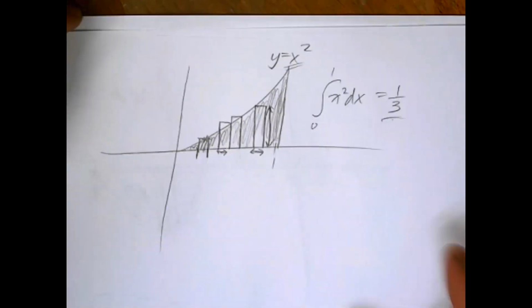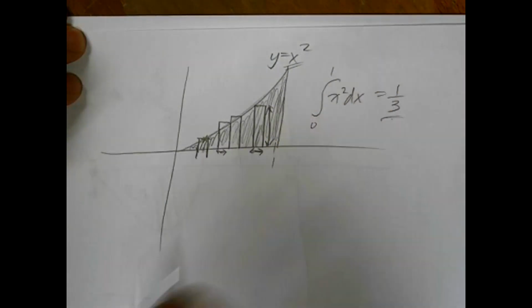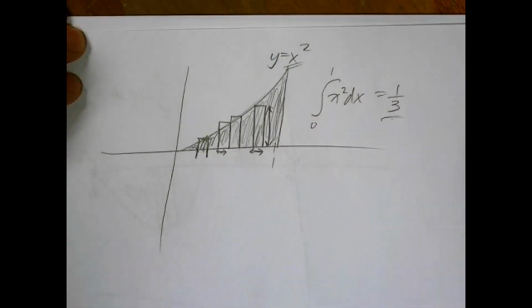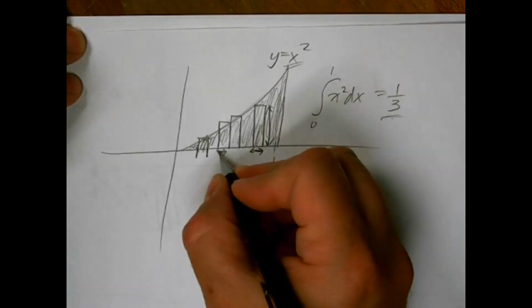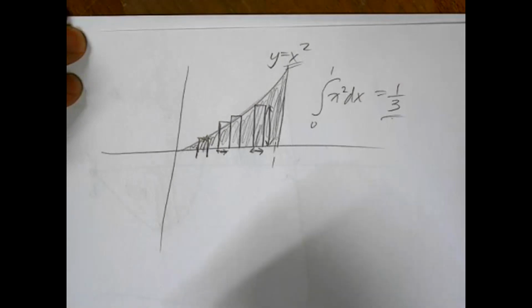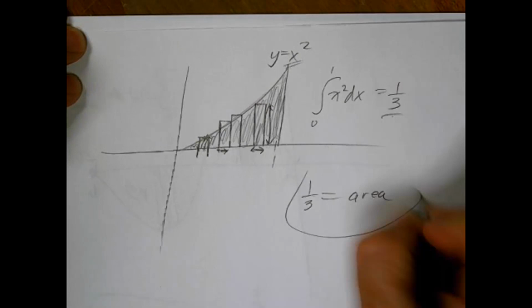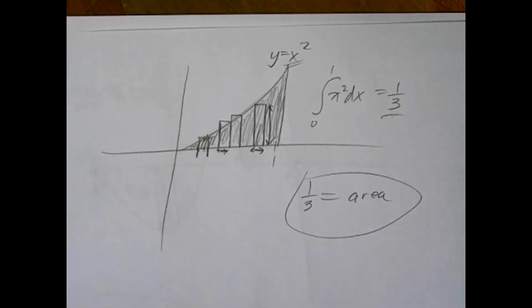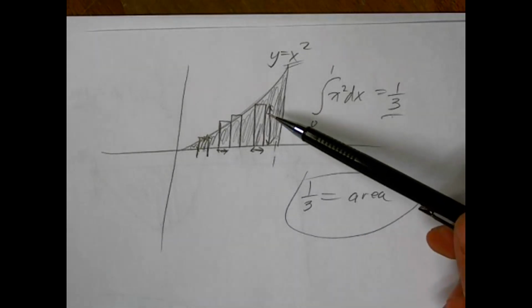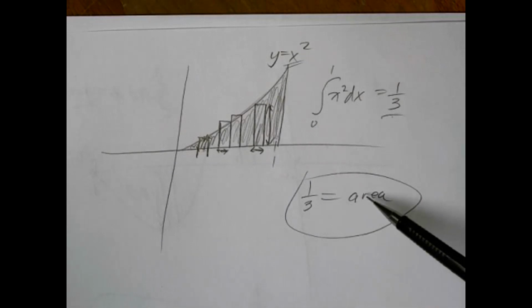In this particular case, since this particular curve is totally above the x-axis, then again with positive rectangle width and positive rectangle height, this 1/3 should be thought of as the area underneath that curve. That's the way it should be interpreted. All right, so for curves that are strictly above the x-axis, that definite integral gives you area.